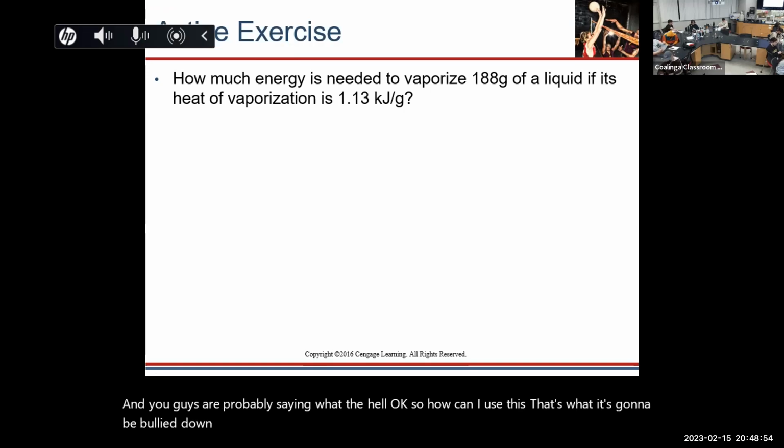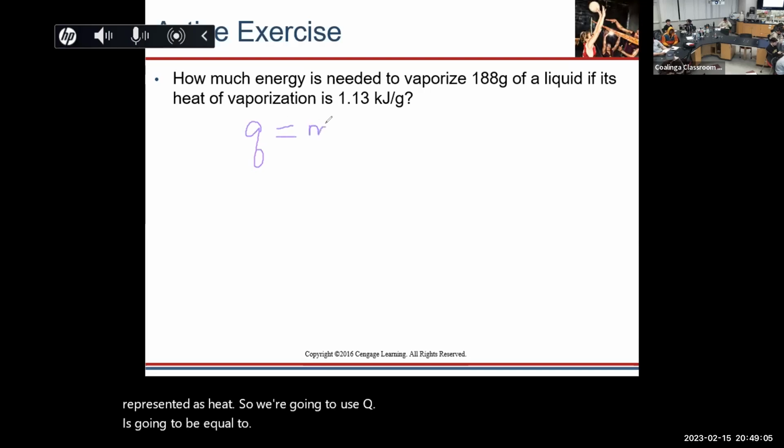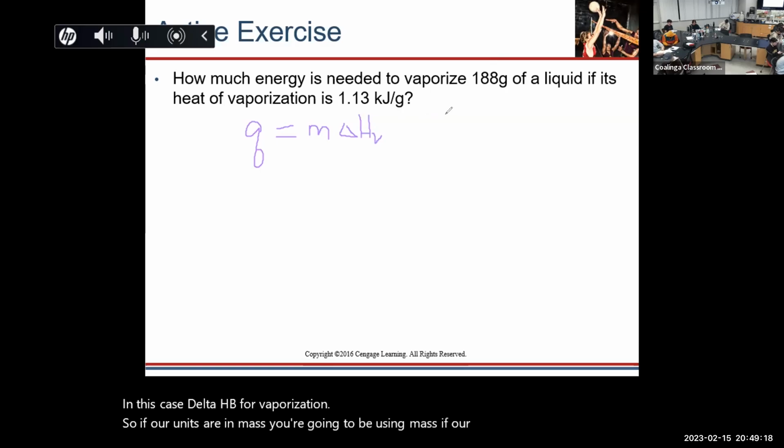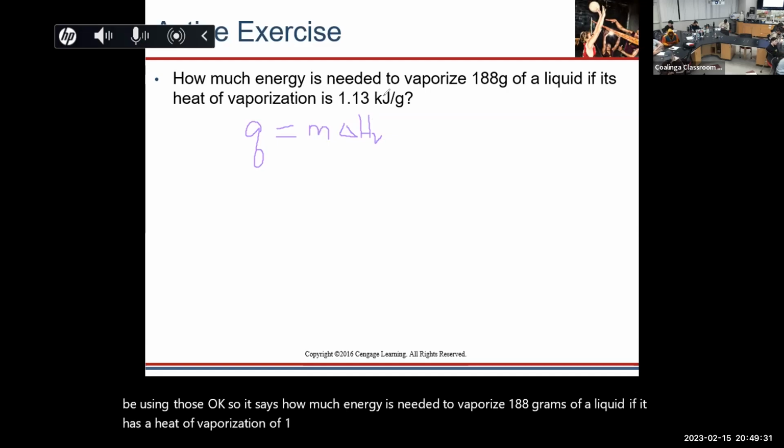So to calculate our energy, again represented as heat, we're going to use Q. It's going to be equal to mass times delta H, in this case delta H for vaporization. So if our units are in mass, you're going to be using mass. If our units are in moles, we're going to be using moles. Okay. So it says how much energy is needed to vaporize 188 grams of a liquid if it has a heat of vaporization of 1.13 kilojoules per gram.